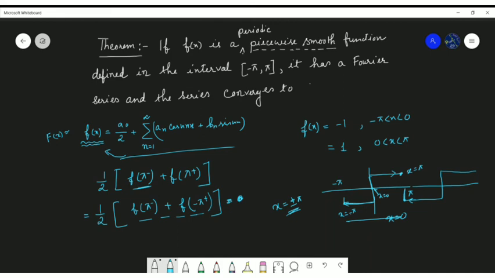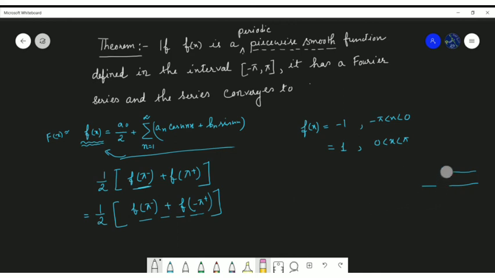Now another point is that here we have seen that the endpoints are points of discontinuity. Sometimes what happens, suppose this is f(x) equal to x squared, an even function.